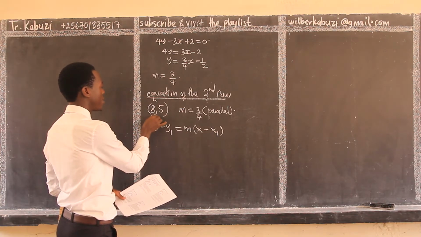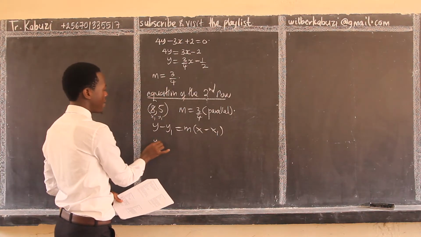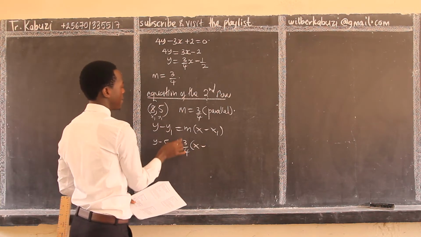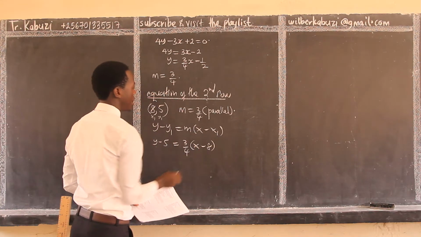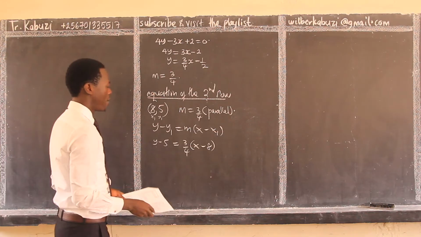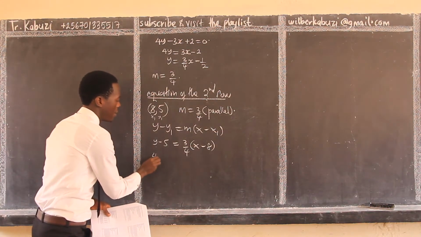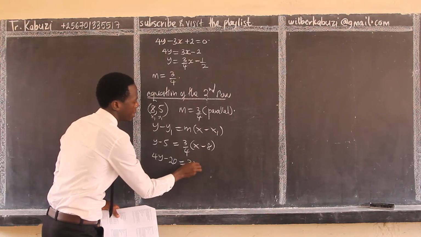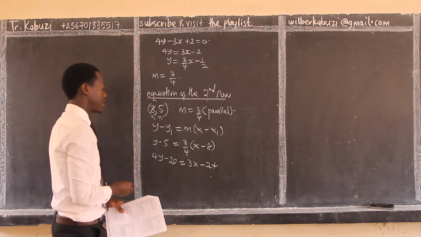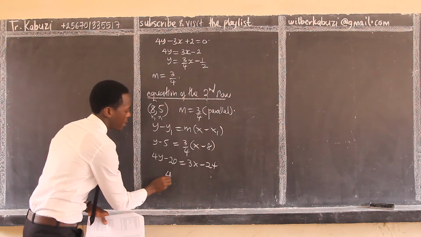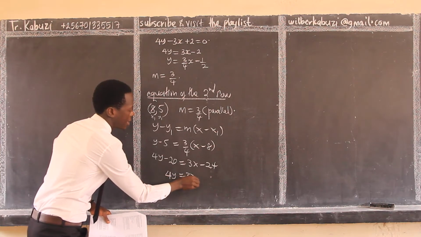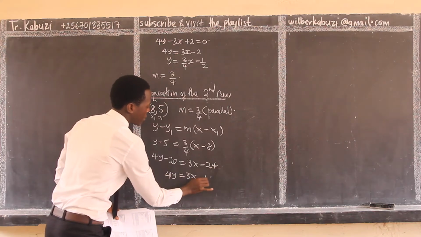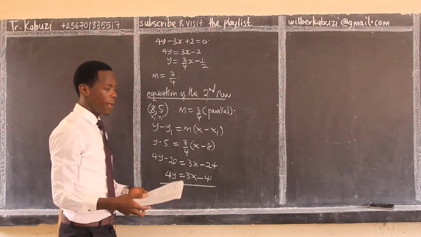So this will be my x1, this will be my y1. So y minus 5 equals 3 over 4 into x minus 8. I first need to multiply through by 4 to remove this. So this will be 4y minus 20 equals 3 into x minus 8, opening brackets, 3x minus 24. So my 4y will be equal to 3x, and taking this the other side, it will be minus 4. So this is the equation of the second row.